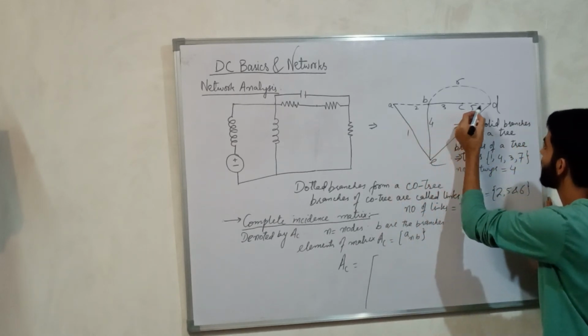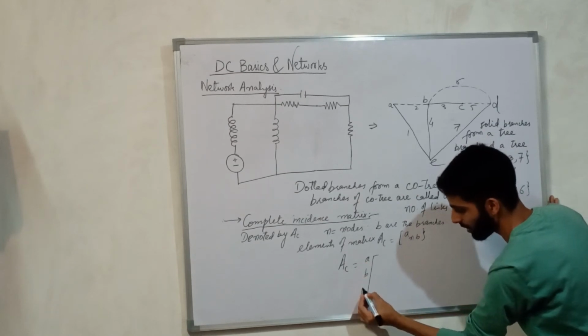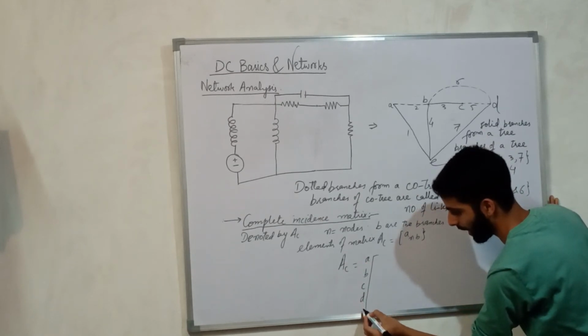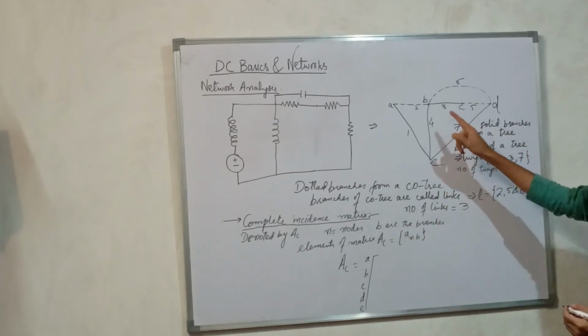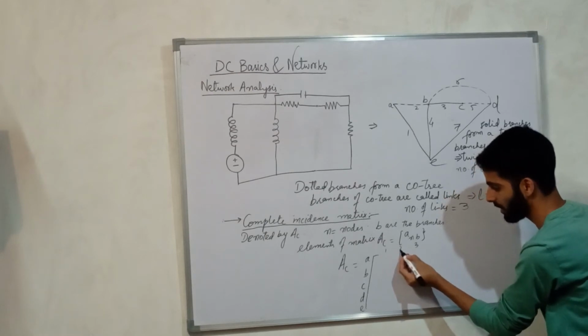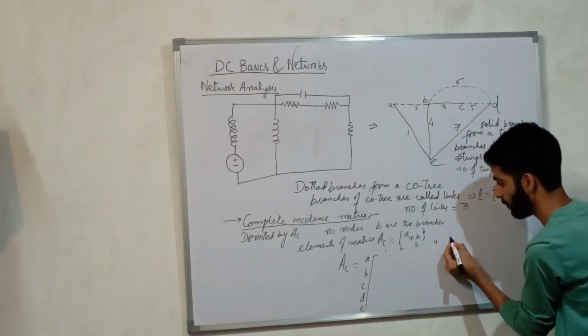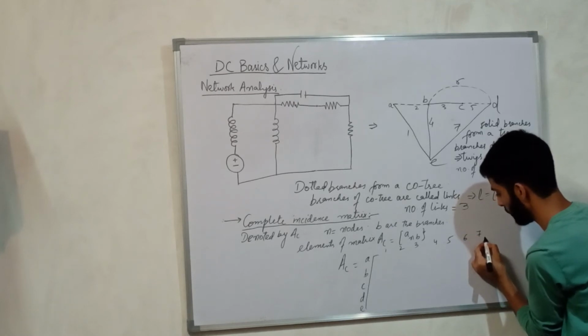A, B, C, D and E. We will write them A, B, C, D and E. And what are our branches? 1, 2, 3, 4, 5, 6 and 7.